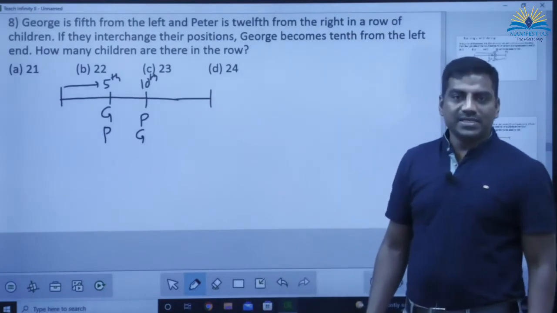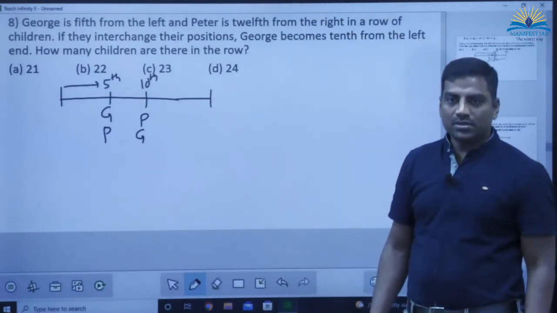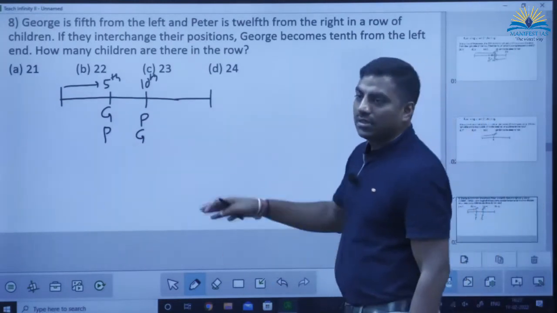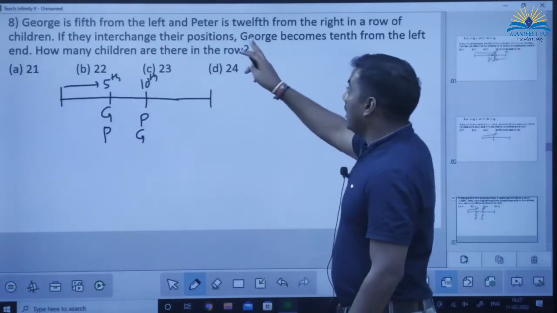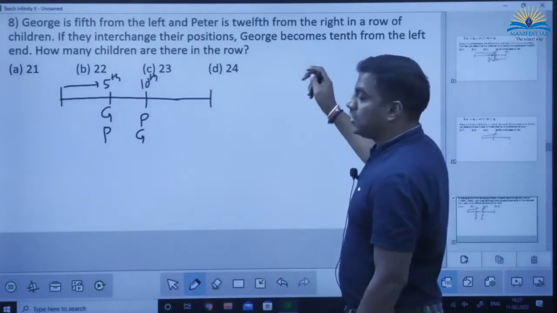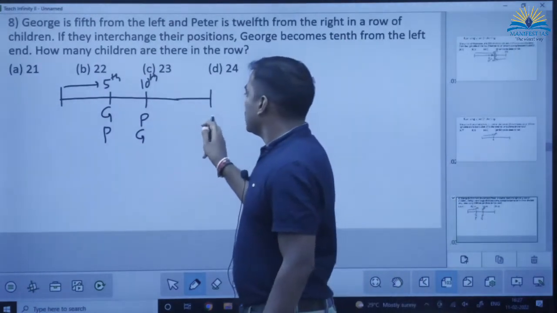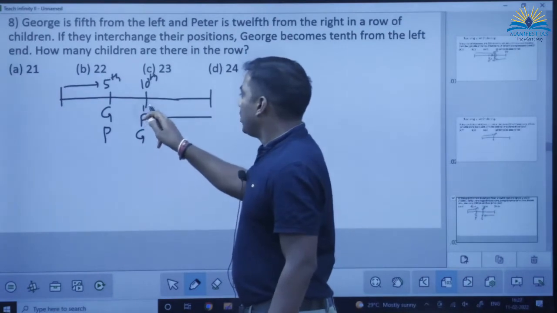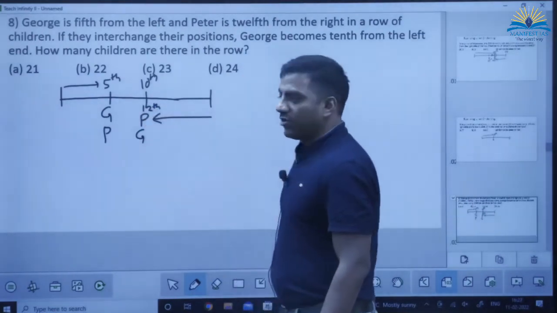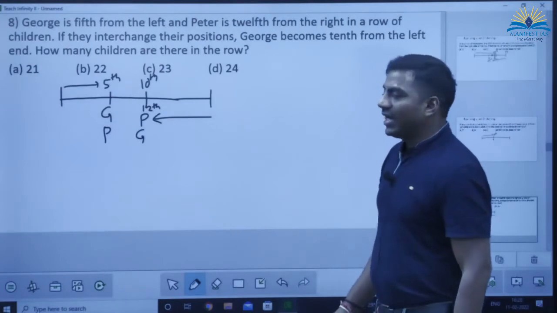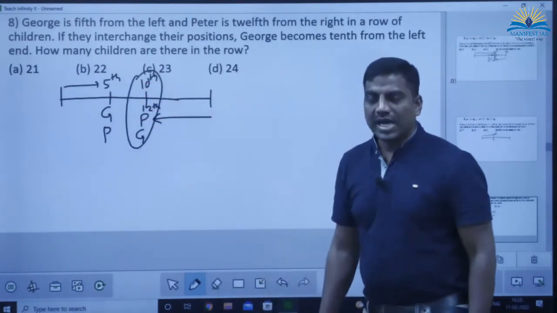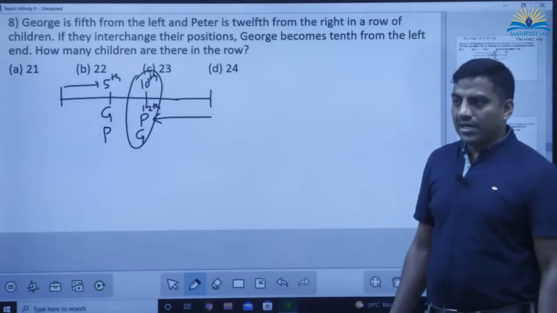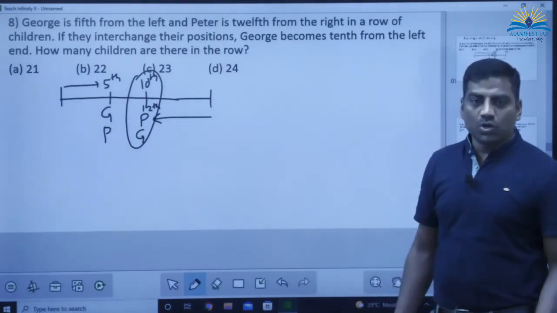Now, the problem is making sense. George is 5th from left, yes. And earlier, Peter was 12th from right. Now look at the position of either the place of Peter earlier or the place of George now.